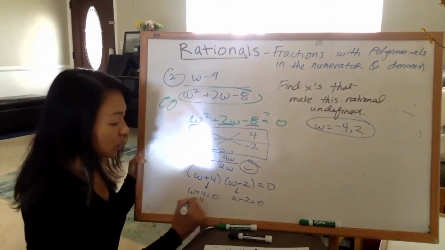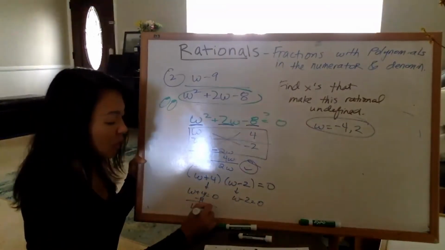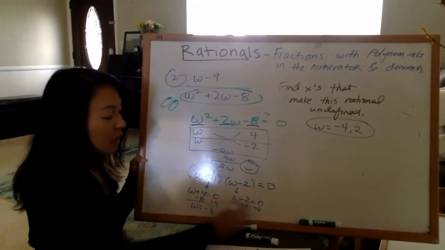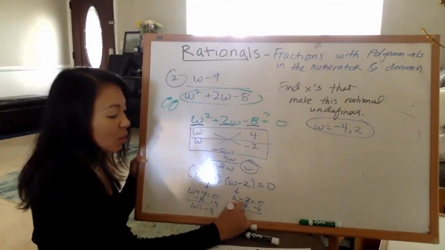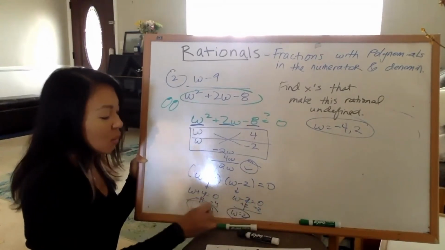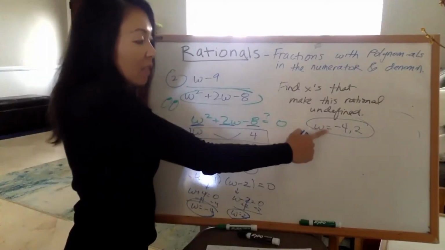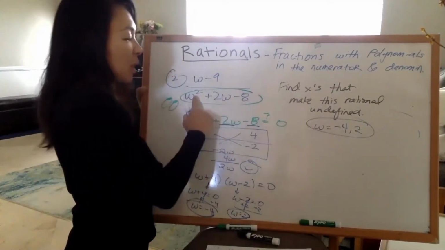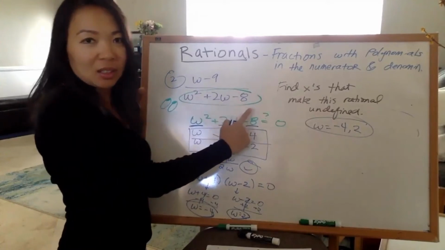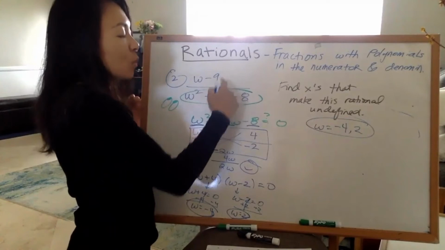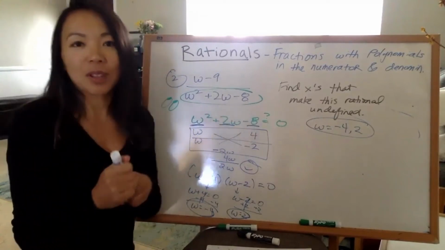So I subtract 4 here, so I get w is equal to -4, and then I add 2 on both sides here, and I end up getting that w is equal to 2. So that's why -4 and 2 are the answers. And if you want to check your work, if you plug -4 in here, you get a 0. If you plug 2 in here, you're going to get a 0. And we know that a fraction with a 0 in the denominator is undefined.